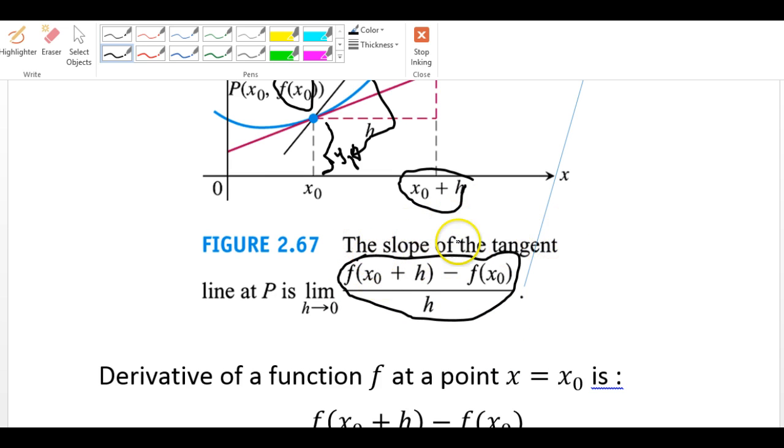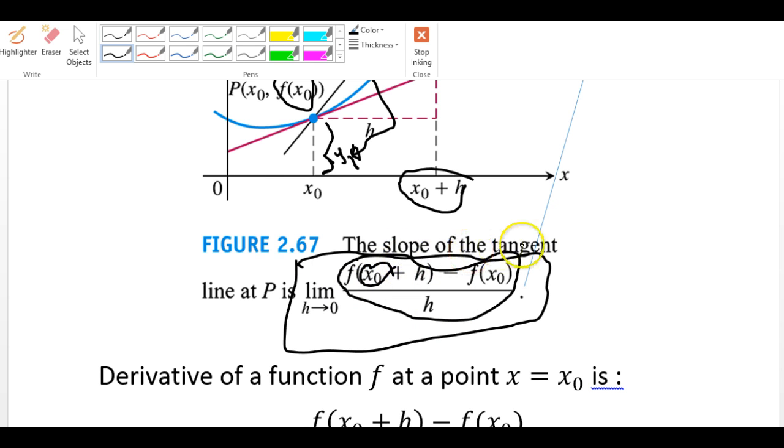So how do you find the slope of the tangent? The slope of the tangent is the limit of the slope of the secant line. You take the slope of the secant line, which is this, and you take the limit as h tends to 0. Now remember this formula very well. This is the slope of the tangent to the function at the point x0.